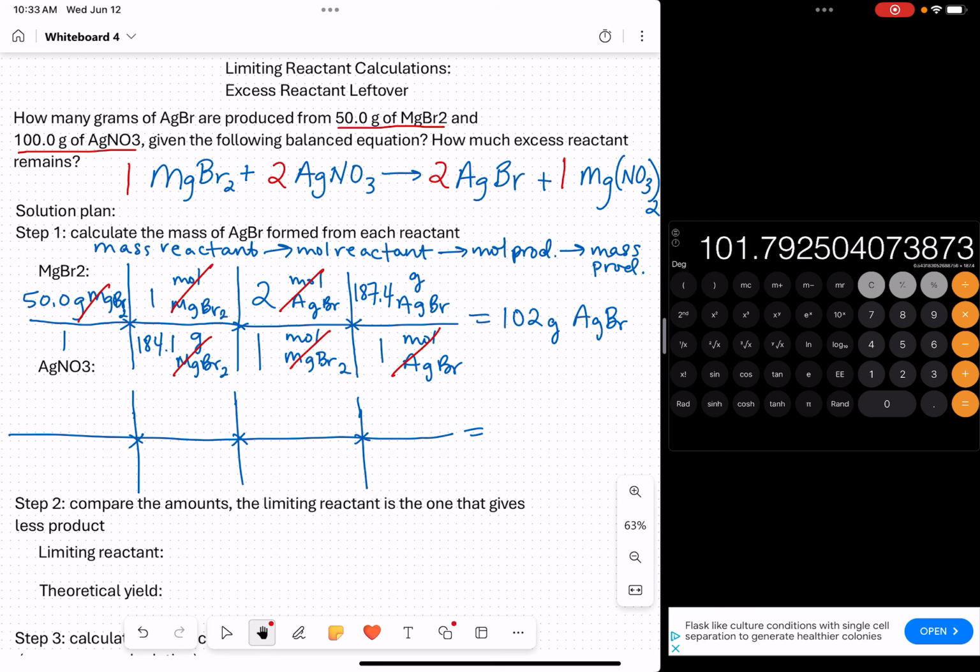I can put almost the exact same things in these boxes, except I'm starting with 100 grams of the other reactant, silver nitrate. I'm converting grams of silver nitrate to moles of silver nitrate. Then I'm converting the moles of silver nitrate to moles of silver bromide.